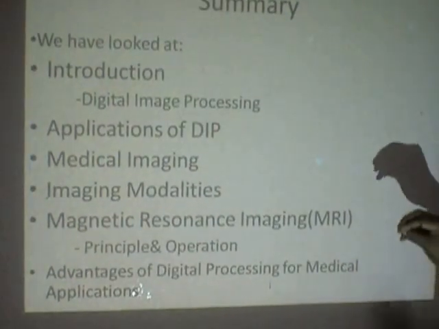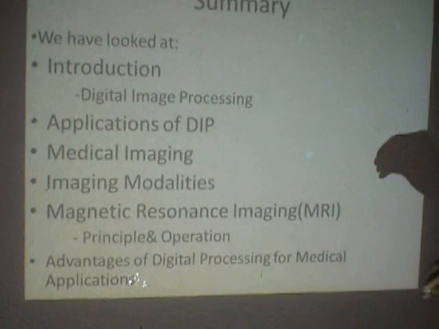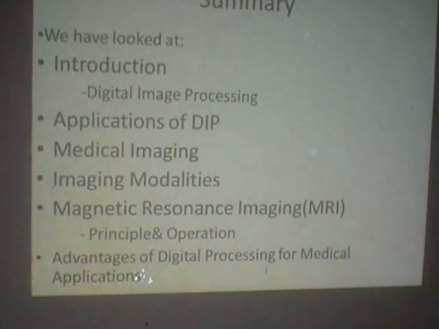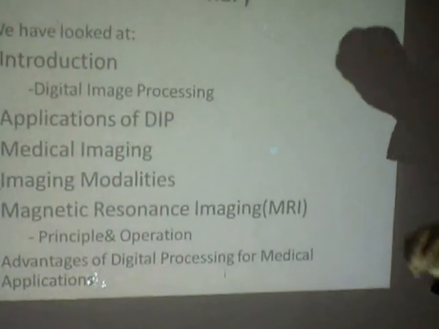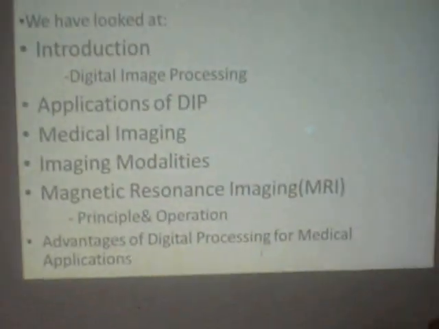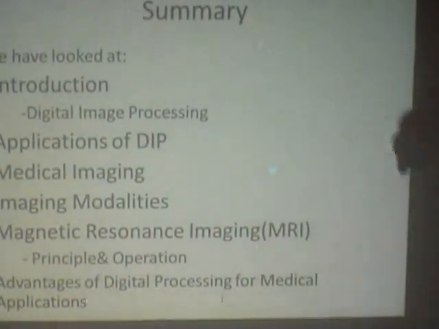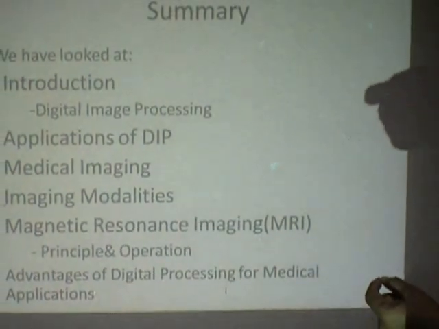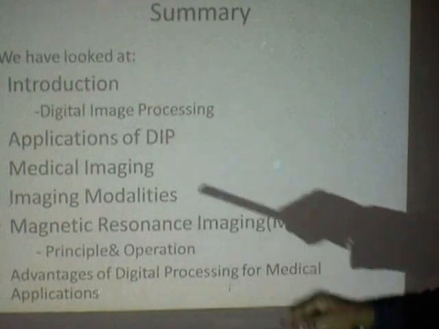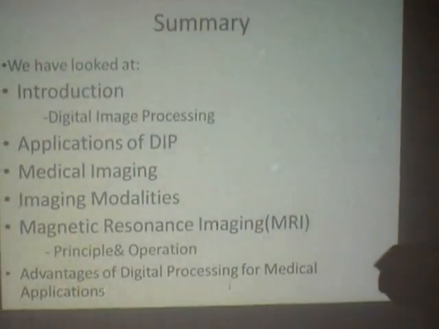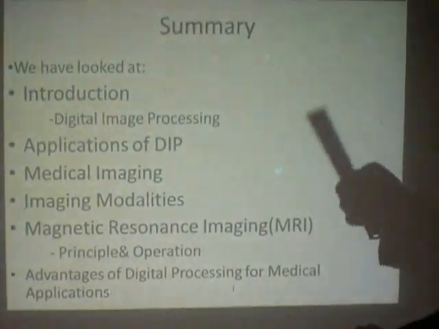Now we will come to the conclusion, that is the summary of the lecture. So far we have discussed the introduction to digital image processing, then a few applications of digital image processing, then the concept of medical imaging, the definition, what is medical imaging and so on.